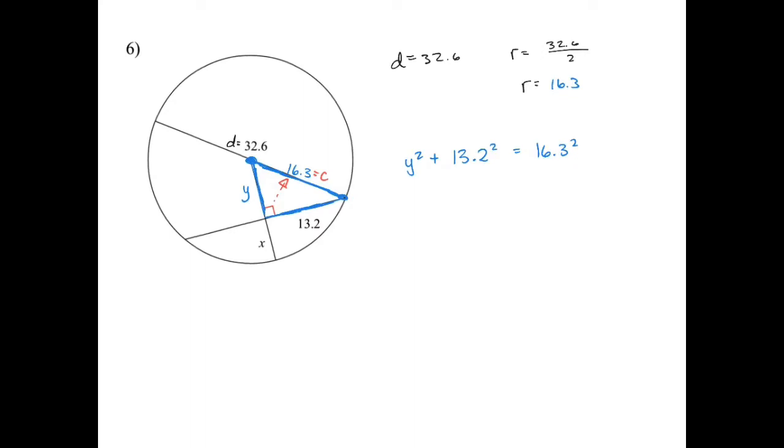All right, I'll need my handy dandy calculator here. 13.2 squared, what are you? So we've got 174.24, and 16.3 squared is 265.69. So let's subtract and figure out what y squared is supposed to be.